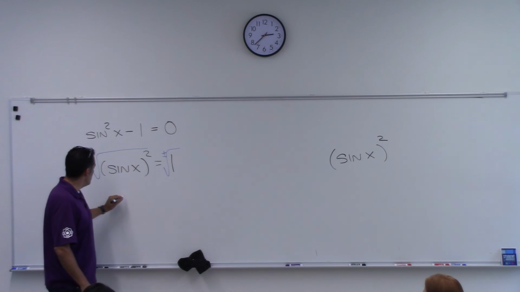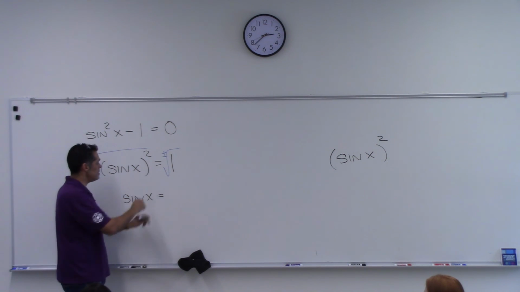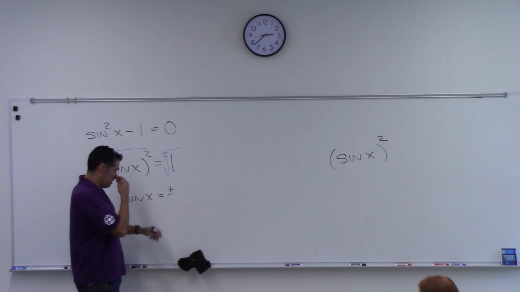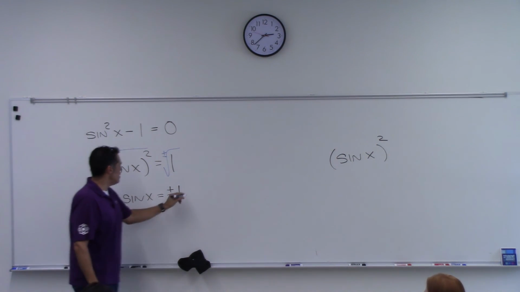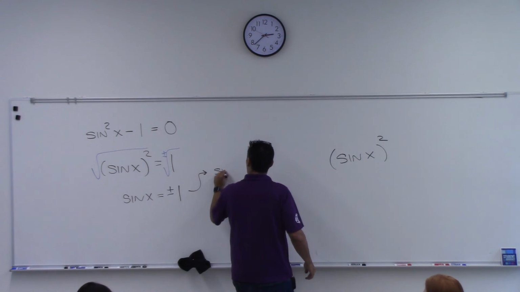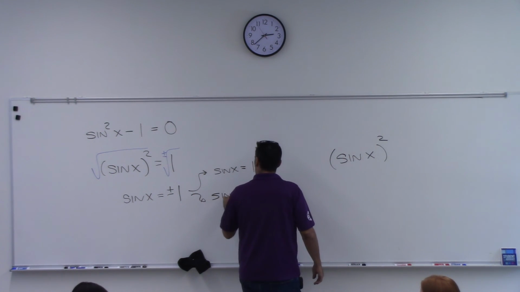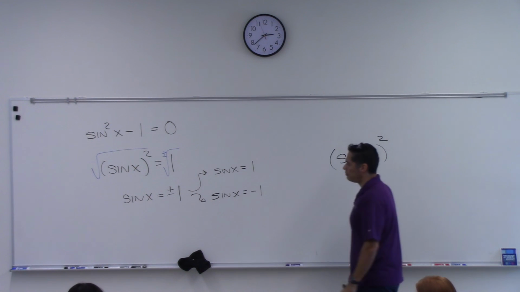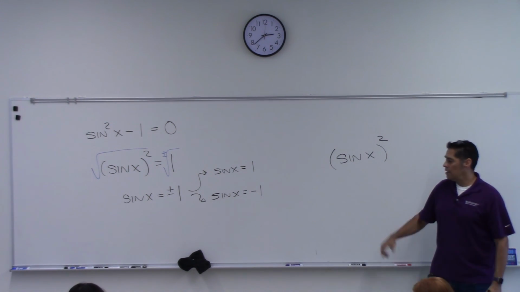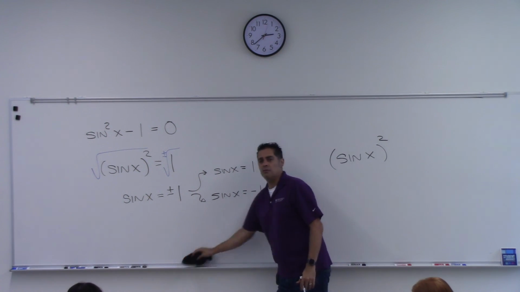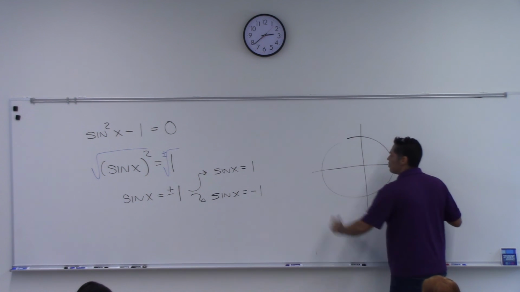So the left side now becomes sine x, and the right side becomes plus or minus what? Square root of 1, which is just 1. So this is really saying, where is sine x equal to 1, and where is sine x equal to negative 1? Right? That's what that's really saying. Go back to your unit circle. Sine is which coordinate?